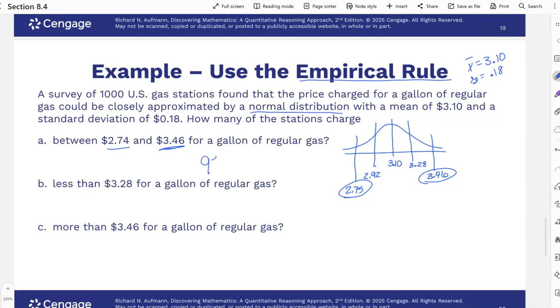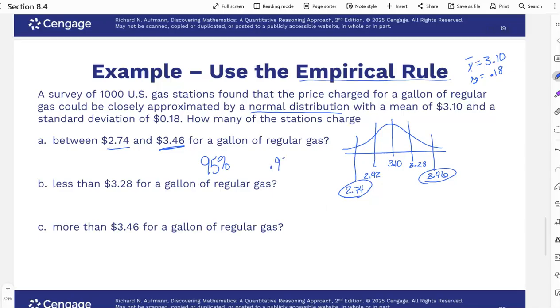Our empirical rule says that we would expect 95% of all gas stations to fall within those 2 limits. So 95% of those gas stations would fall between 2.74 and 3.46.